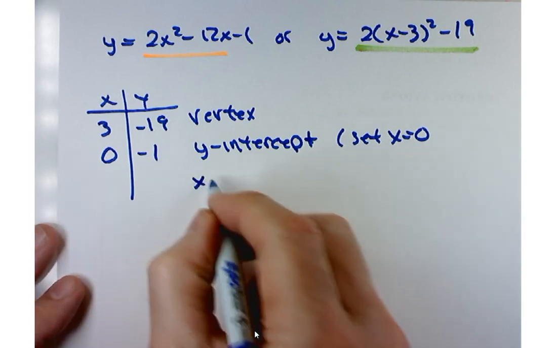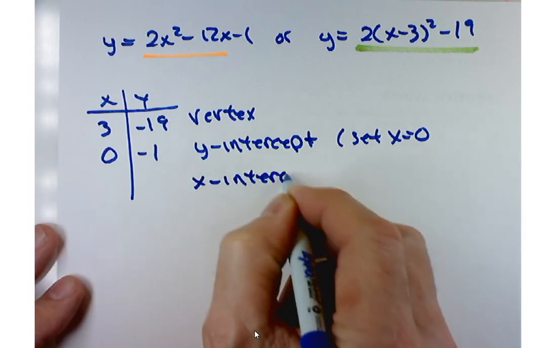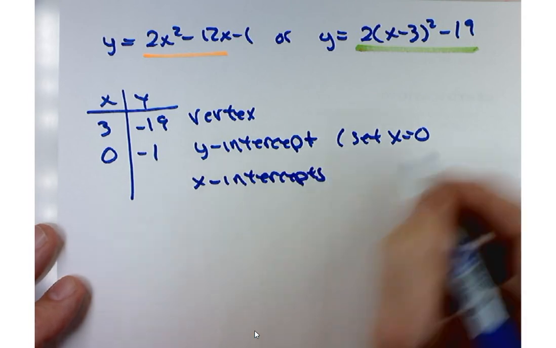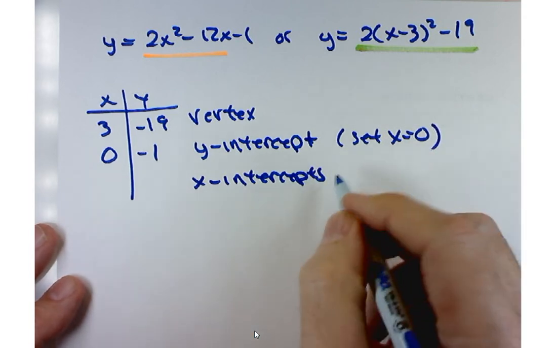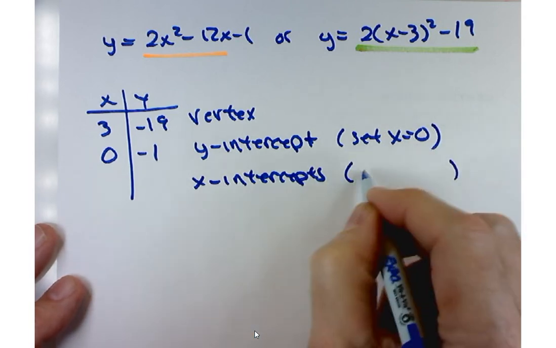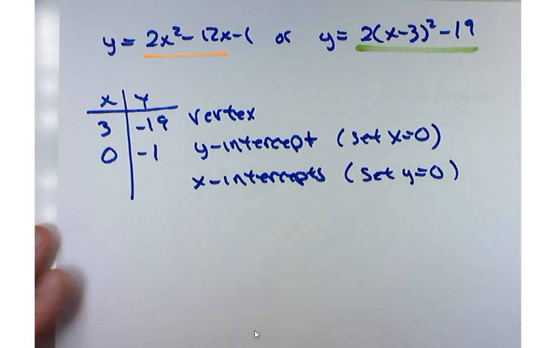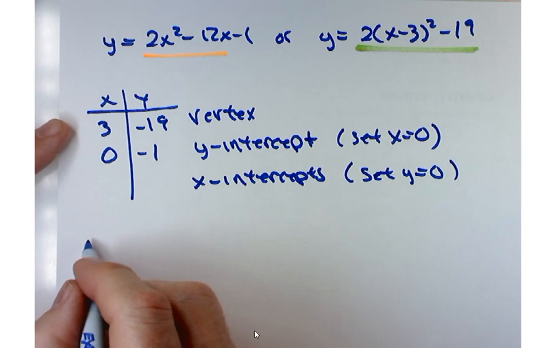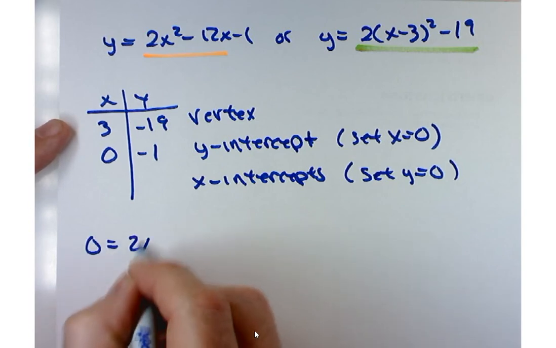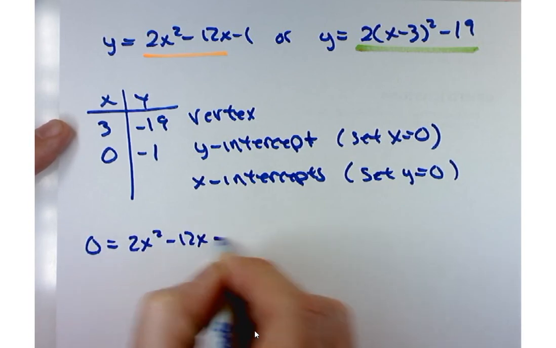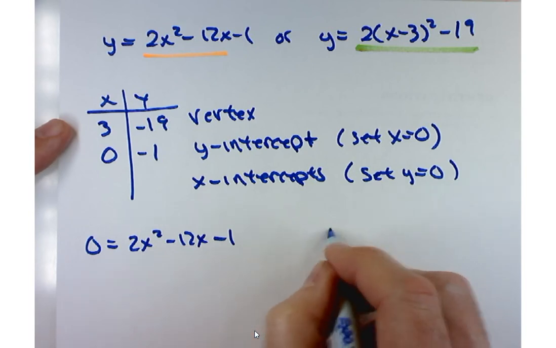Now I'm going to want the x-intercepts. And for the x-intercepts, you're going to set y equal to 0. So you've got two places you can do that. And here's again some more good review for you in advance of the exam.